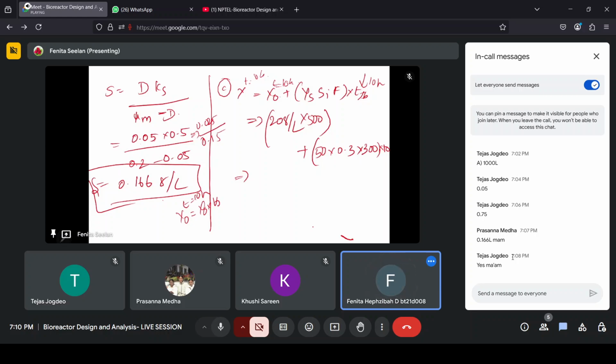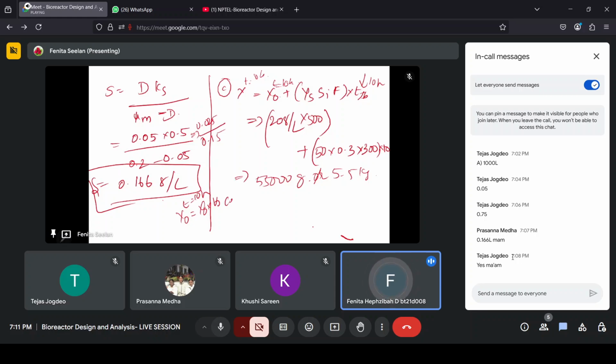Plus 50 into 0.3 into 300 into 10. It is 55,000 grams or 55 kg. So this is the total amount of cell at time 10 hours.